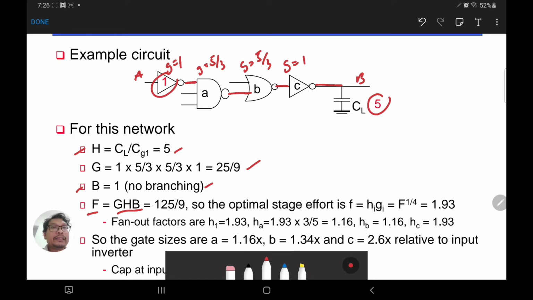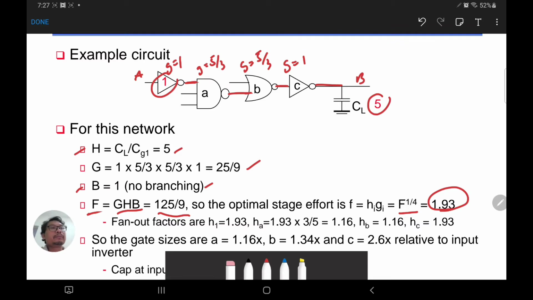In the end, if you multiply BGH all together, you get 125 over 9. Then F is the fourth root of that, which gives 1.93. So your small f is 1.93, and from this you can already estimate your propagation delay, because we know the f for each stage.